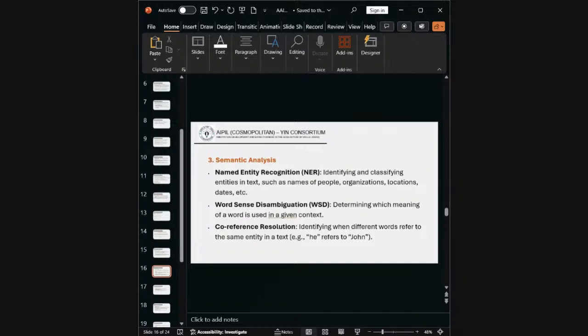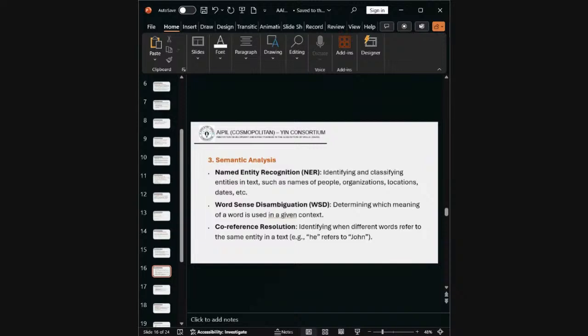And so how do you analyze? The first one, we classify it into different entities. Next, we are trying to understand the meaning of the word that is used.